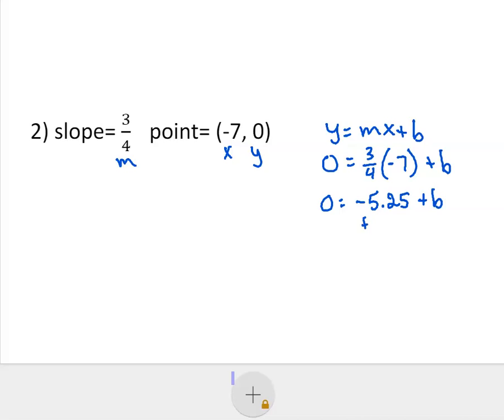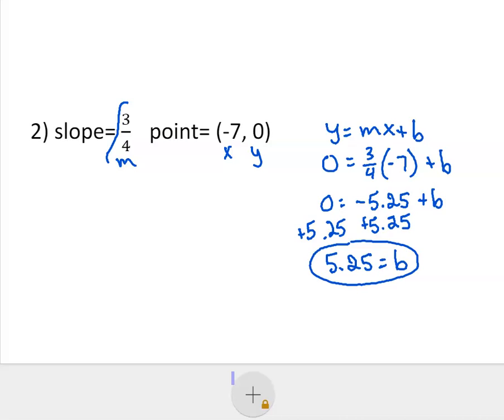Then I'm going to solve for the b by adding 5.25 on both sides. So I'll get 5.25 is equal to b. Then I'm going to take the b value and the m from the beginning to write my equation. So I'll get y equals 3/4 x plus 5.25.